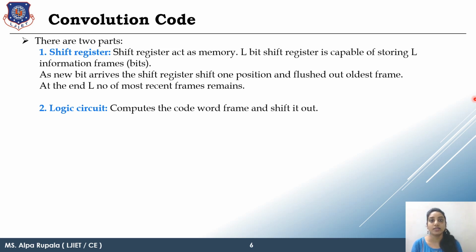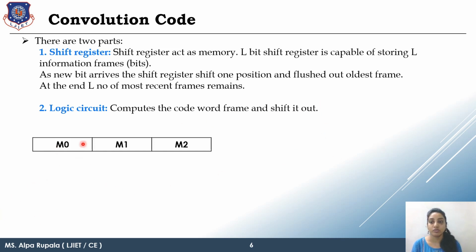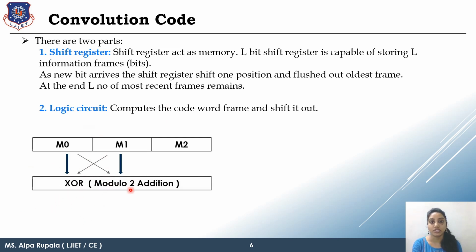Then after, we are calculating on your predefined information frame data. For example, suppose I have a large amount of data which I divide into information bit frames M0, M1, M2 and so on, up to the data sequence. Now at the receiver side or at the sender side, they do the XOR operation, or we can say the modulo 2 addition operation, on your first and second information frames.